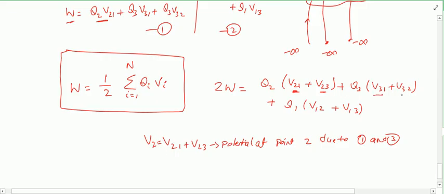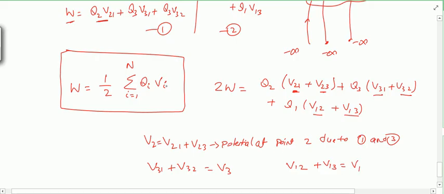So this V31 plus V32, what will it become? It will become V3. And V12 plus V13 will become V1.